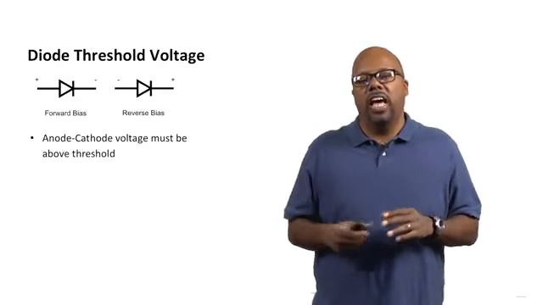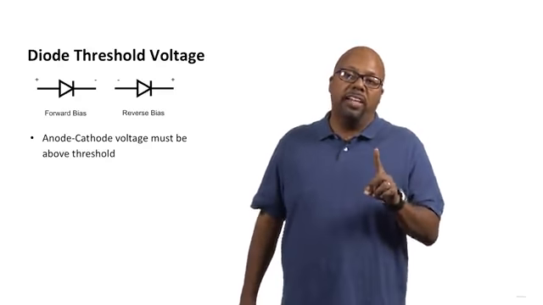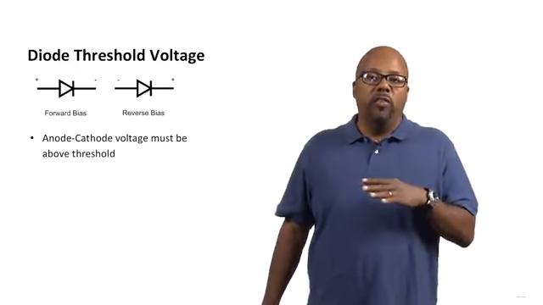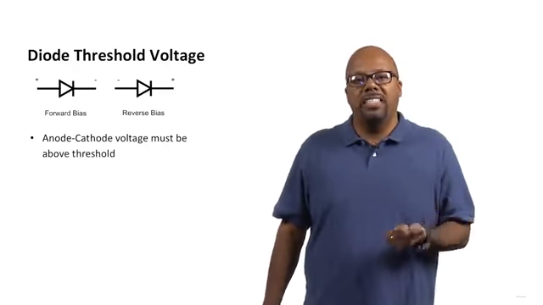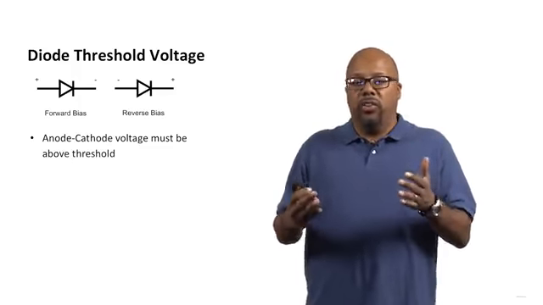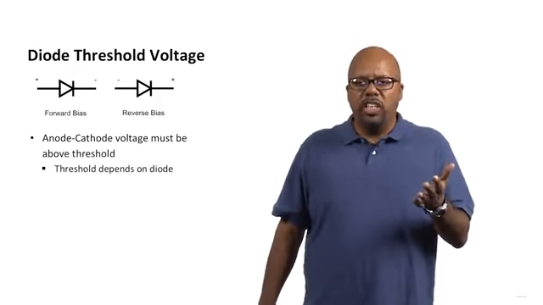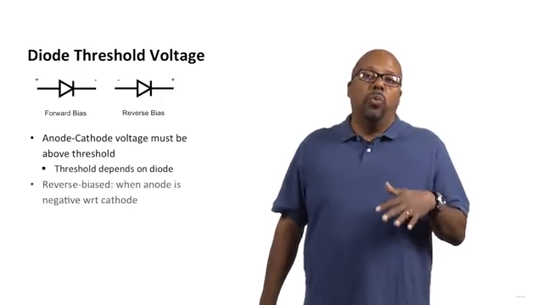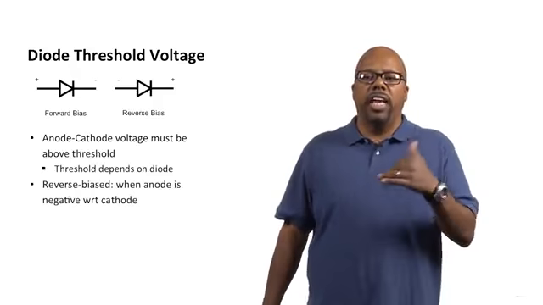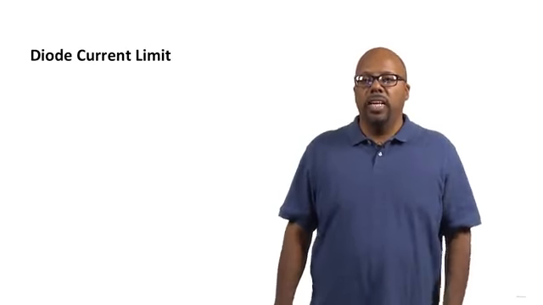You'd have to have a lot, and we're not going to do that. So reverse biasing it for us will be no current flow. Only in forward bias condition, when the anode is positive with respect to the cathode, and the anode-cathode voltage difference is above the threshold, only then will current flow for us.